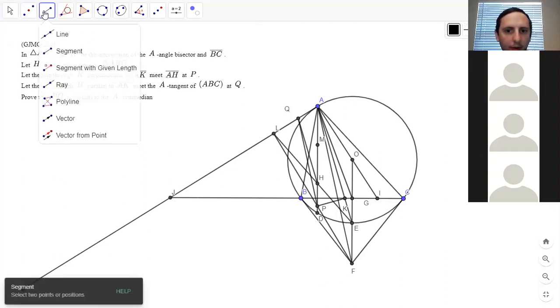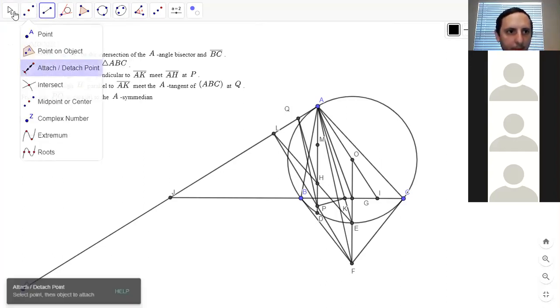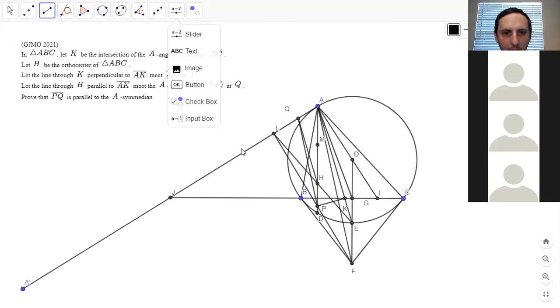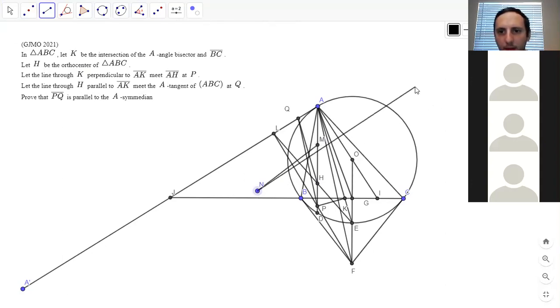So let me draw that. Whoops, sorry. So JM is perpendicular to AG.